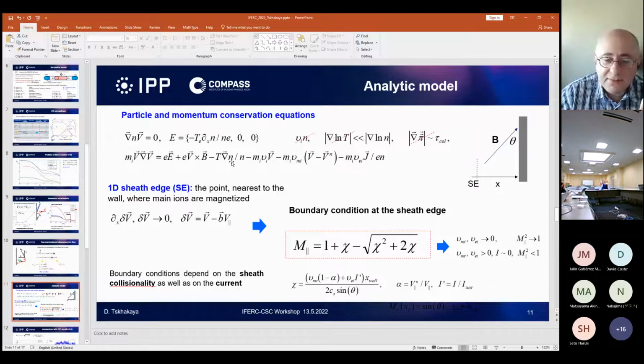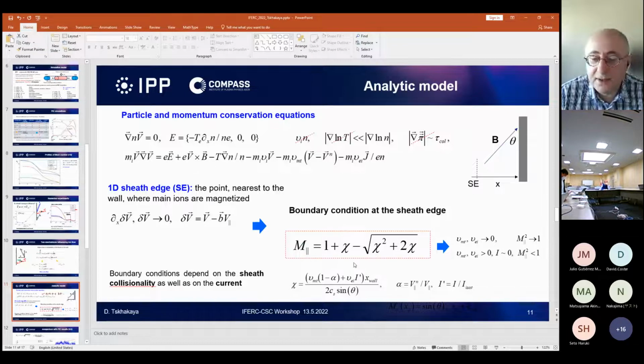So we need another physical point to say that here is the start of the magnetic sheath or plasma sheath. Naturally, we assume this is the nearest point to the wall where ions are still magnetized. This is given mathematically here, and from these equations and this condition, after some transformations, we end up with the following condition for the Mach number near the sheath entrance.